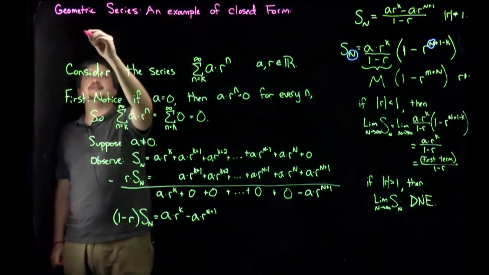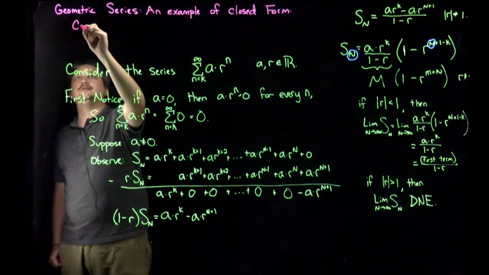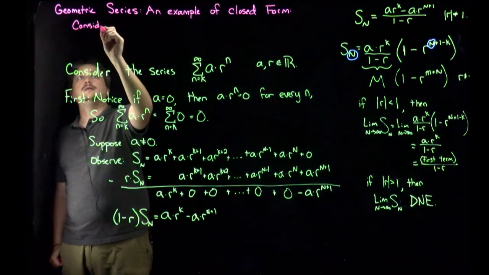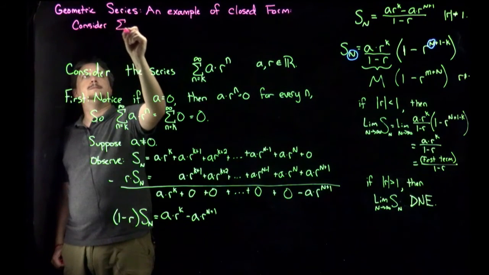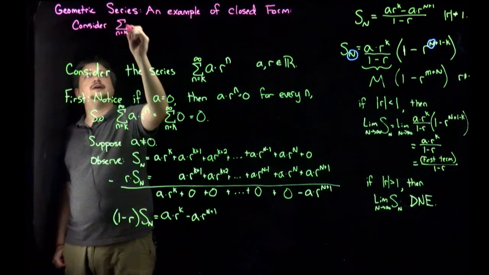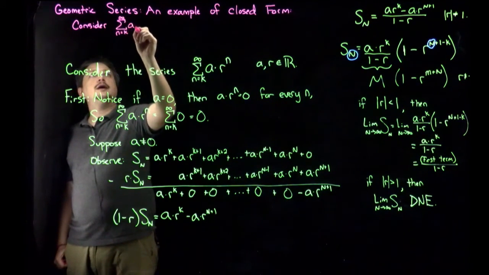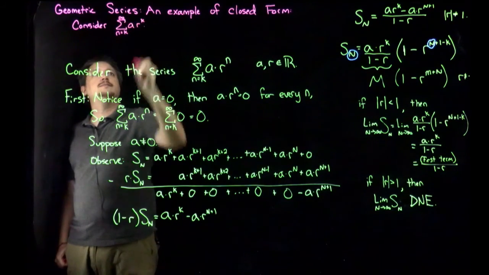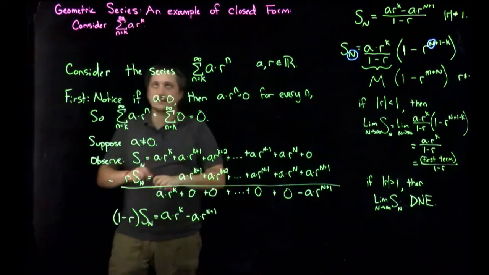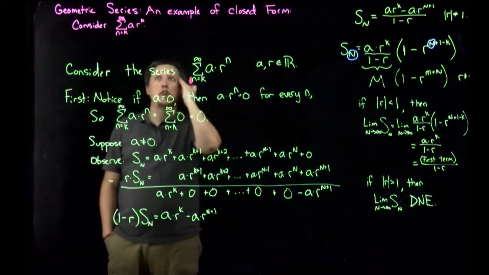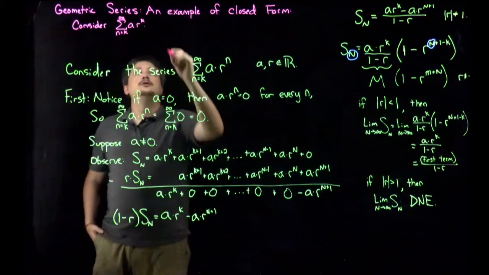I'm just doing it to emphasize this is the actual theorem statement. So consider the sum n equals k to infinity, a r to the k.